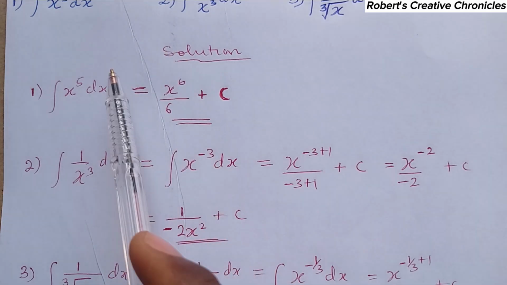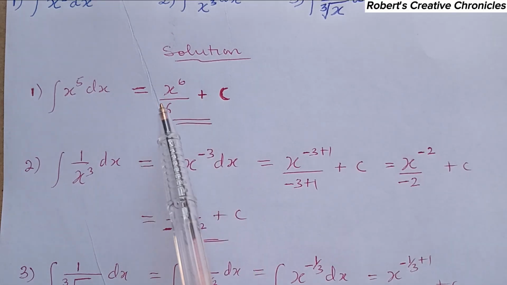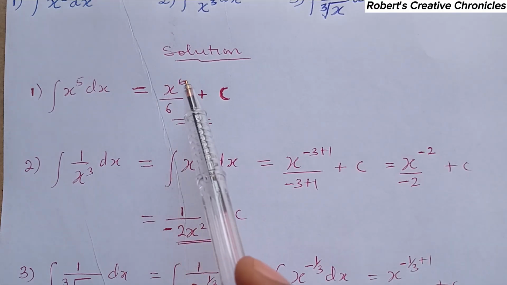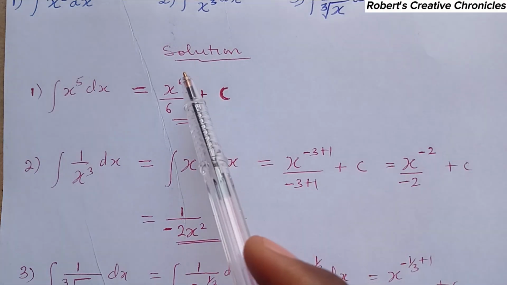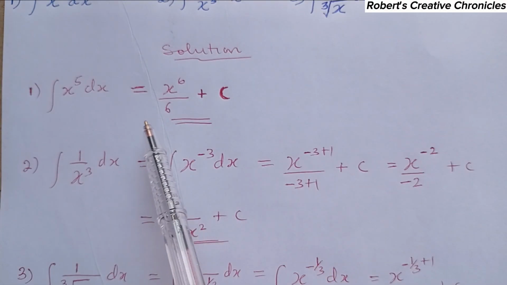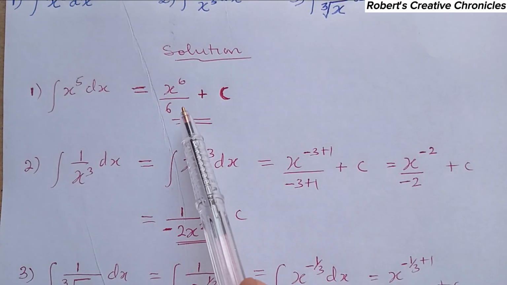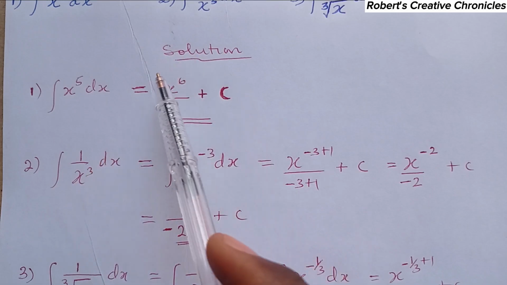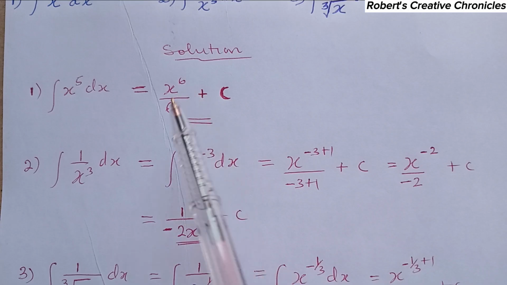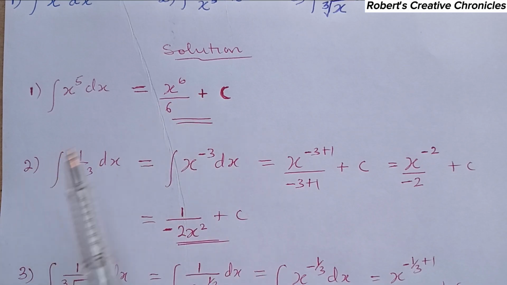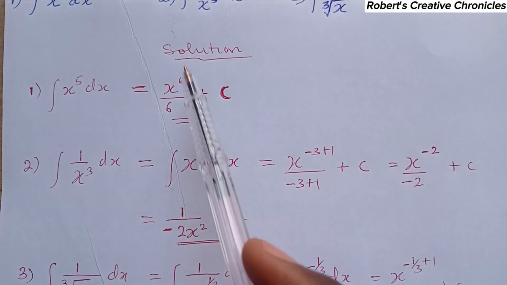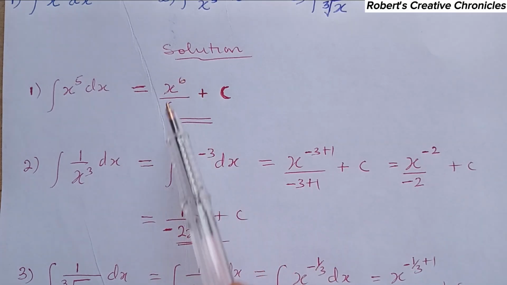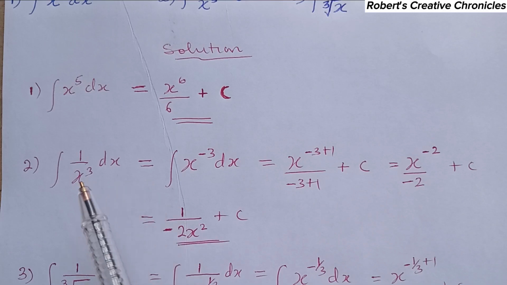After you add 1 to the power, you divide the whole function by the new power. Because I added 1 to 5, the new power became 6, so I divided the function by 6, which is the new power. So it's just the reverse of differentiation.